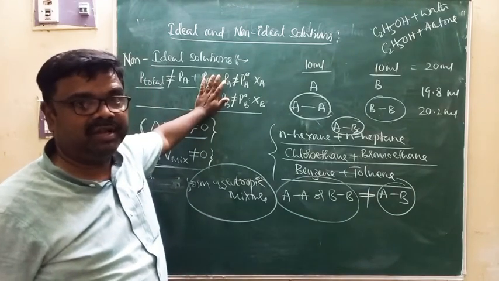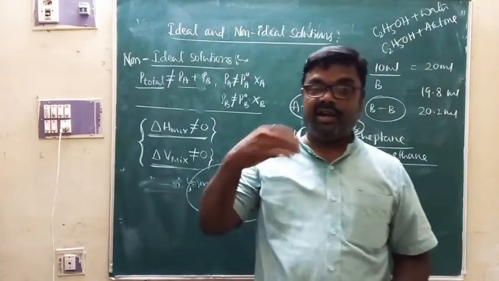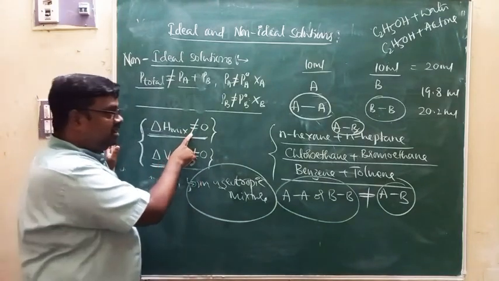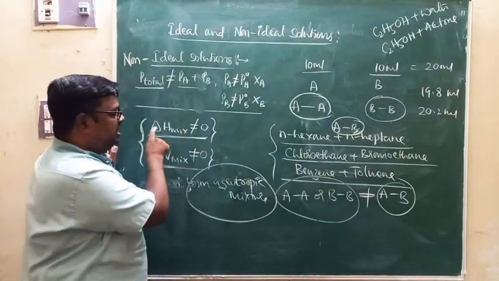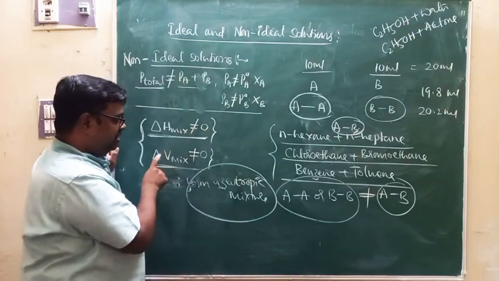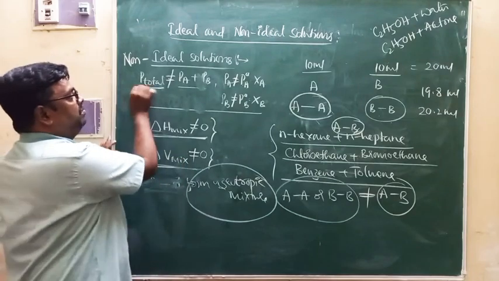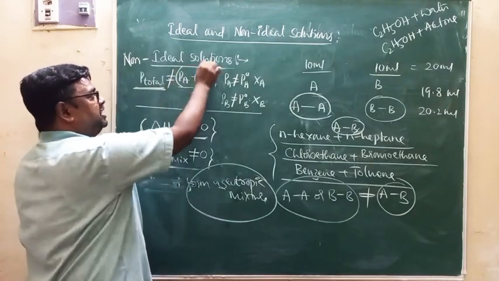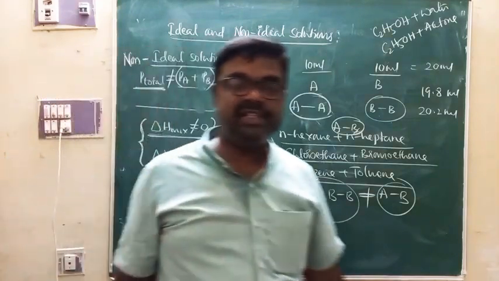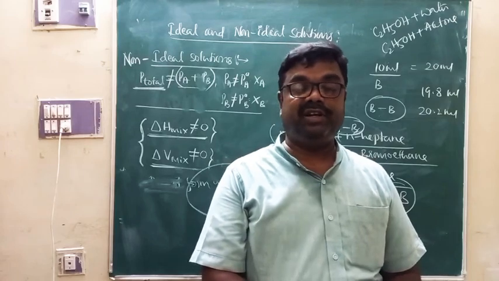I was saying, in the case of non-ideal solutions, there are two possibilities. That is, delta H of mixing is not equal to 0. It means what? Delta H of mixing may be greater than 0 or it may be less than 0. Delta V of mixing may be greater than 0 or less than 0. Or P total may be greater than PA plus PB or P total may be less than PA plus PB. And accordingly, non-ideal solutions are further classified into two types.